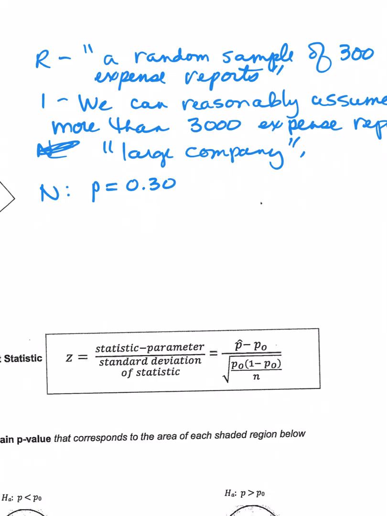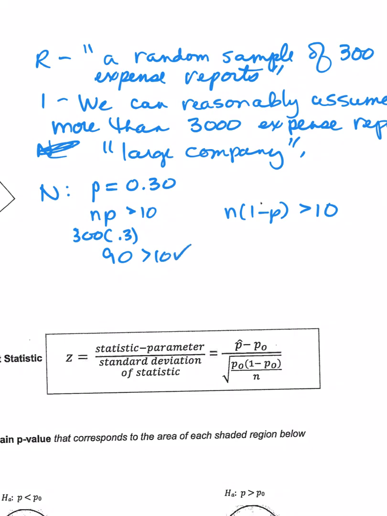All right, so we need to check. N times P is what? Greater than 10. And N times 1 minus P greater than 10. So N is what? How many samples did we pull? So we're doing 300 times 0.3, which is what, 90? That is greater than 10, boom.